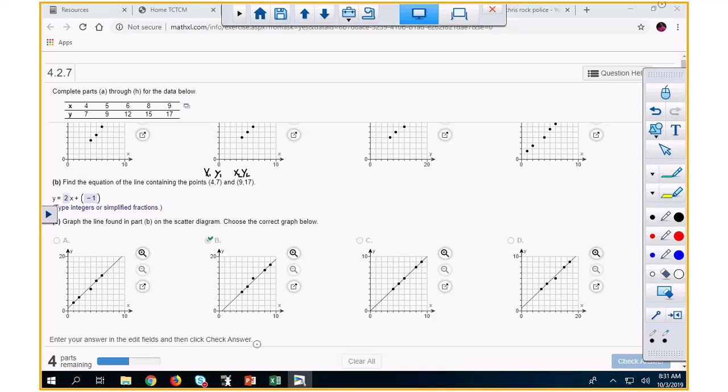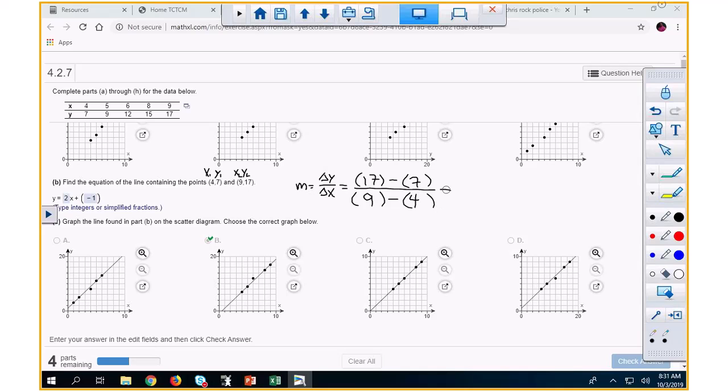What is your slope? Slope is delta y over delta x, which is equal to y sub 2 minus y sub 1 over x sub 2 minus x sub 1. Y sub 2 is 17. Y sub 1 is 7. X sub 2 is 9. X sub 1 is 4.